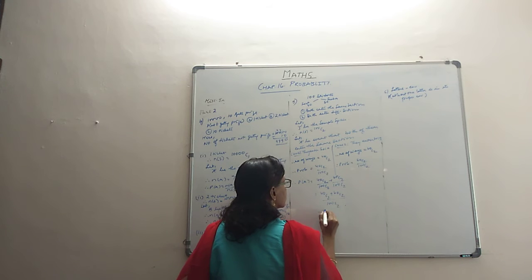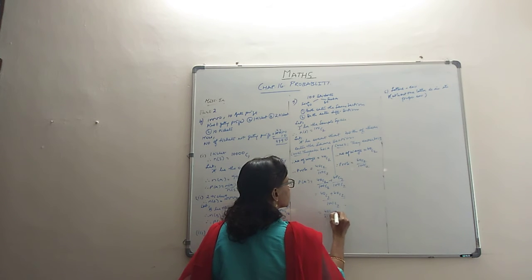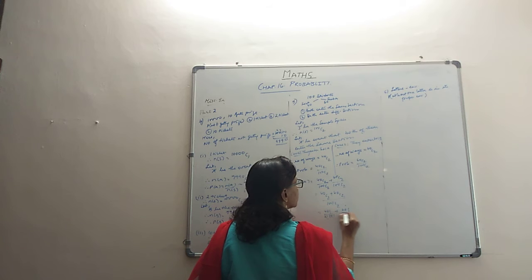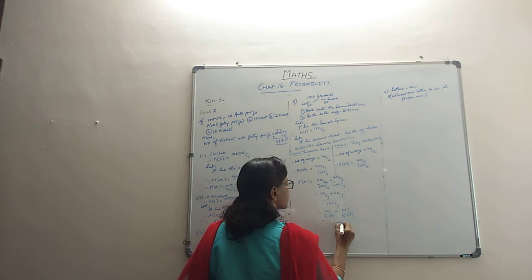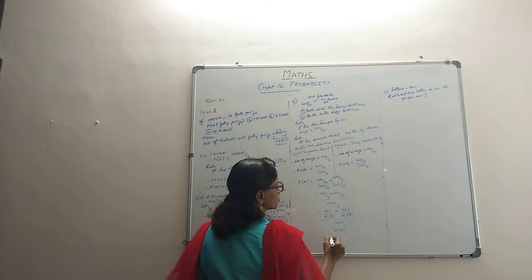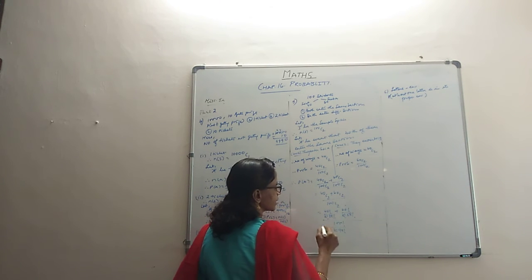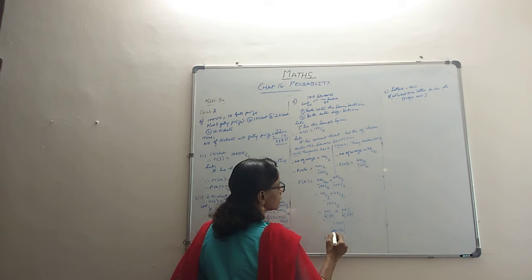Let's solve this. 40 factorial by 2 factorial and 38 factorial, 60 factorial by 2 factorial and 58 factorial, 100 factorial by 2 factorial and 98 factorial. Right. So, 2 factorial from everywhere, I think it will get cancelled by taking it common.